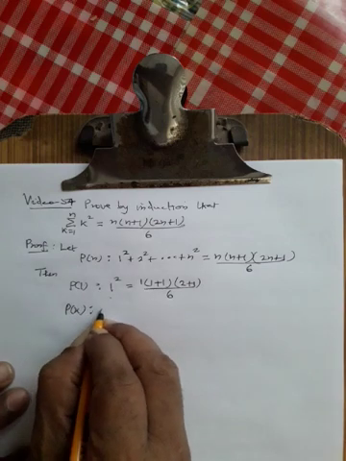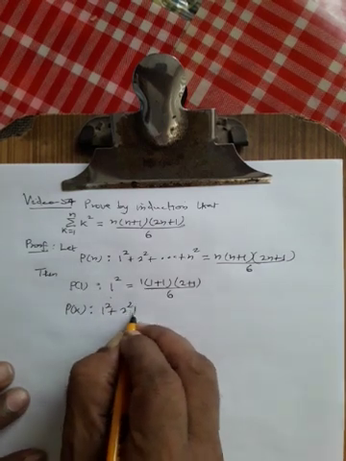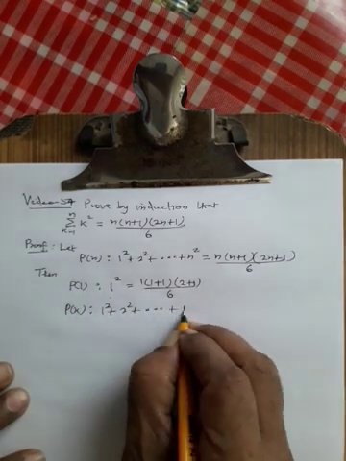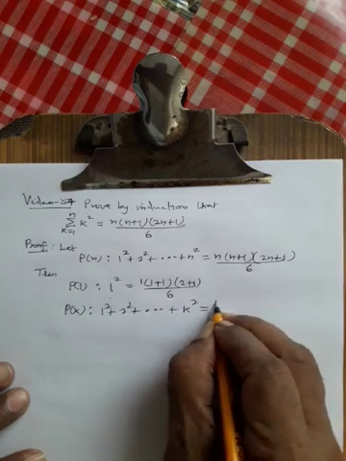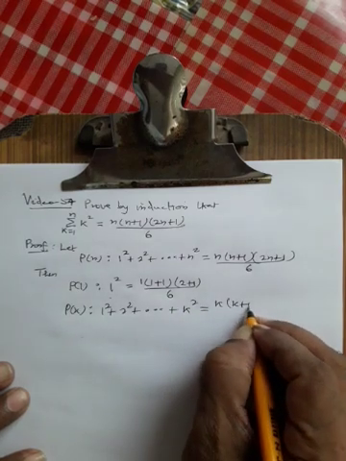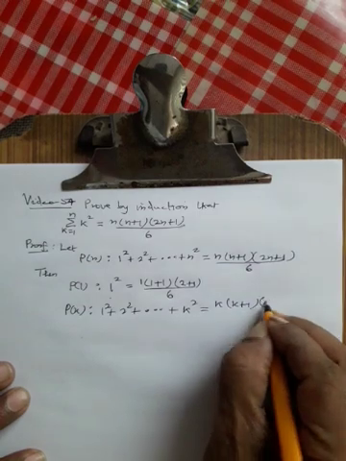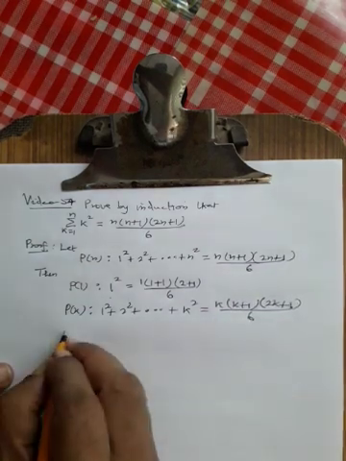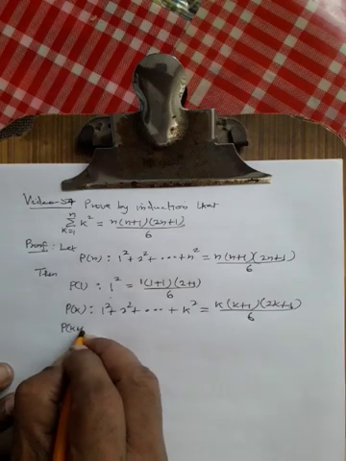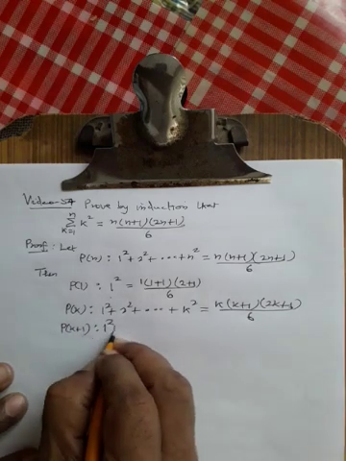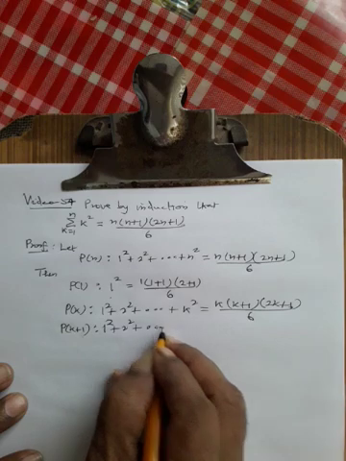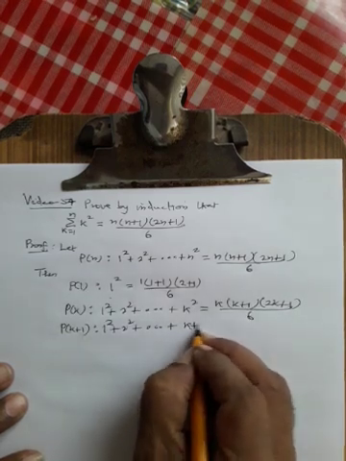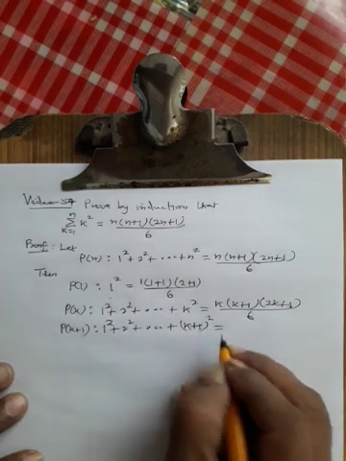P of k is 1 squared plus 2 squared plus ... plus k squared is equal to k into (k plus 1) into (2k plus 1) by 6. P of k plus 1 is 1 squared plus 2 squared plus ... ending with (k plus 1) whole squared.